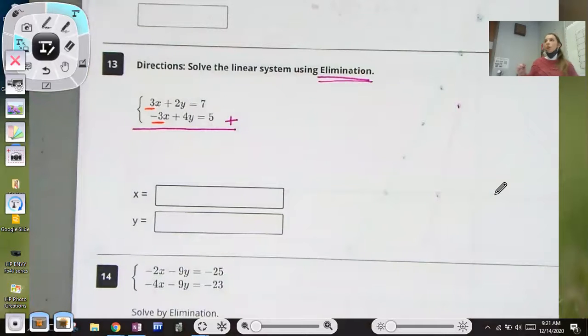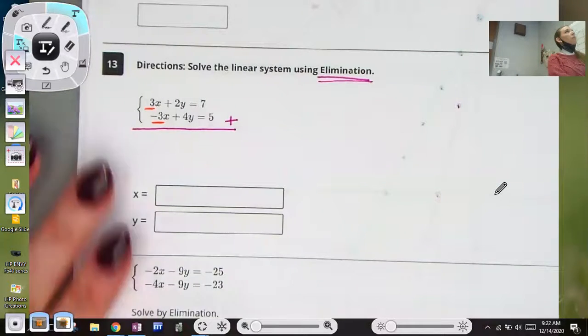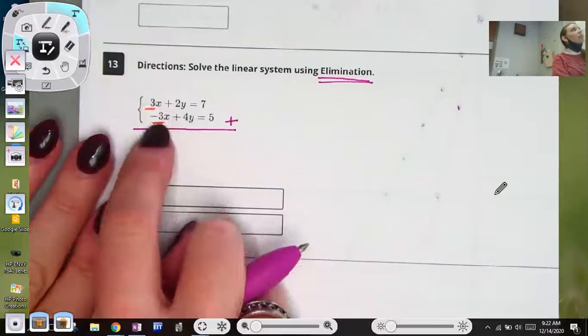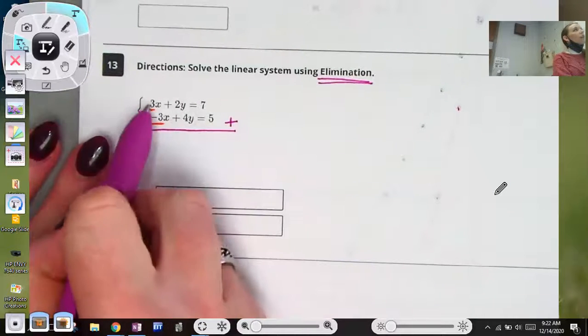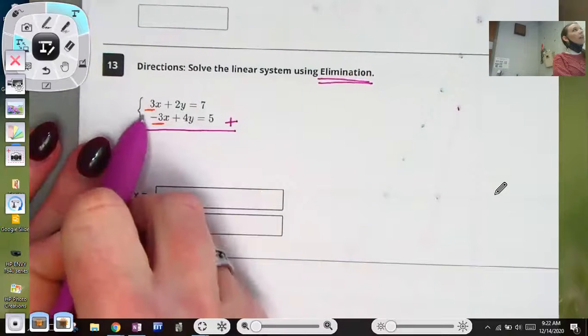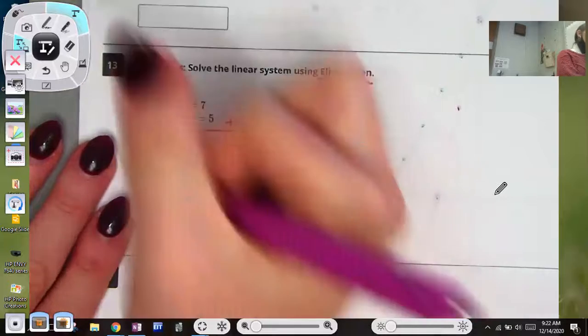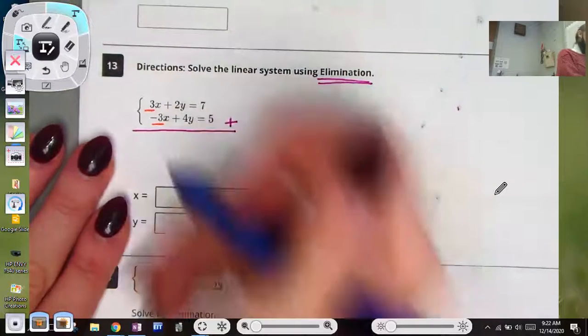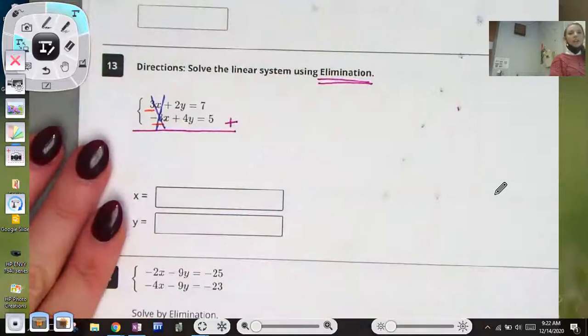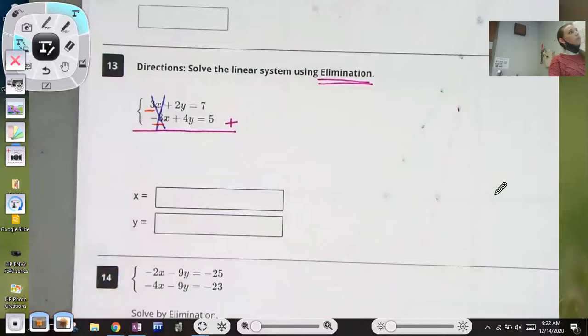Remember that, write it on a note card. Don't forget that rule. The reason we have those rules is because our goal is to eliminate a variable. Because we're adding them, that's going to allow us to eliminate this. If we have a positive 3 plus a negative 3, what happens? They cancel each other out. So we have just eliminated that variable.